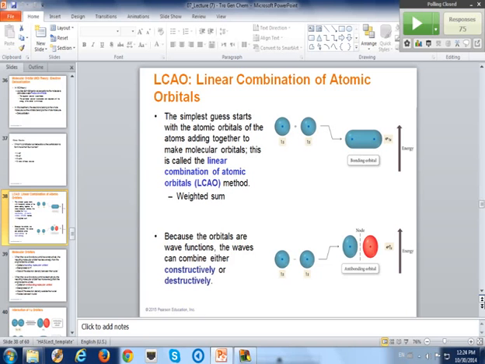So by the molecular orbital theory, we find the Schrodinger equation for the whole molecule. So maybe I consider here molecular orbital theory, and I consider on the other side here the valence bond theory.